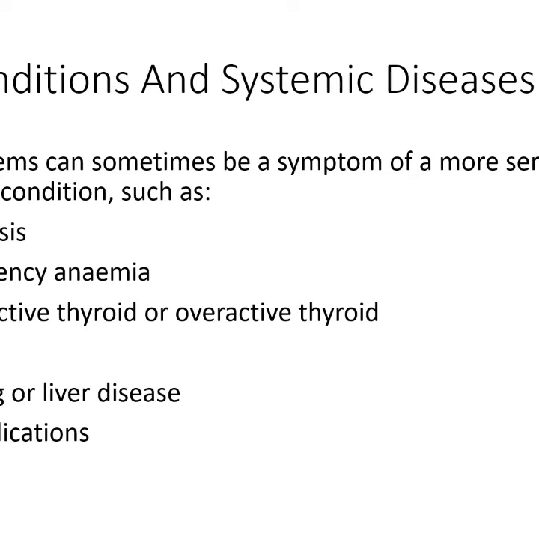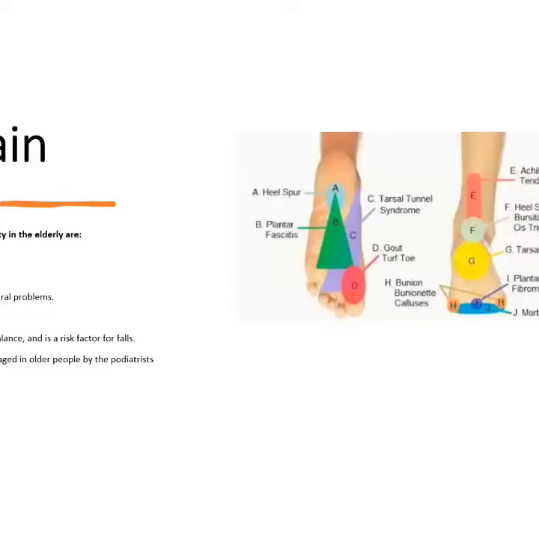Diabetes also is one of them. Heart, lung, or liver diseases can also affect the nails. Sometimes some medications also can cause changes in the nail color or shape as well.